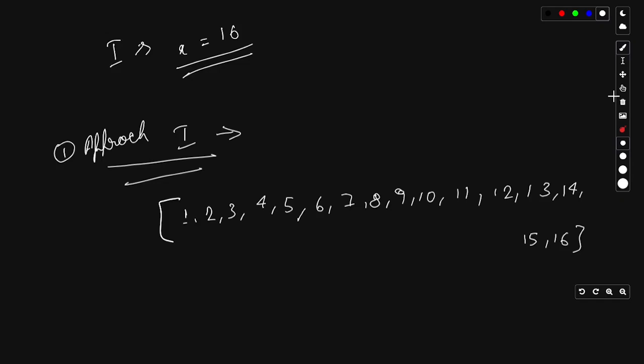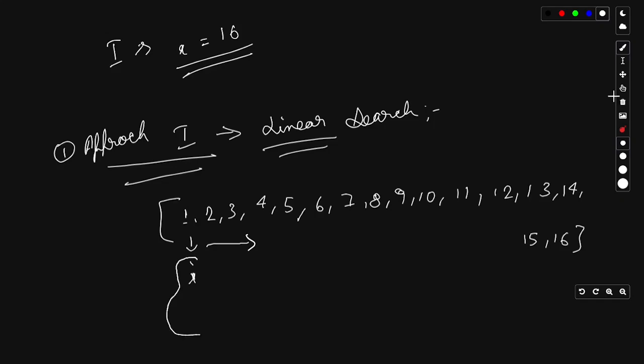the first approach to this problem can be something similar to a linear search kind of approach, where we will be going through each and every element and we will go until we find the right solution. There will be a check condition for each and every element: if the square of a number is exactly equal to x, that means that is the answer.